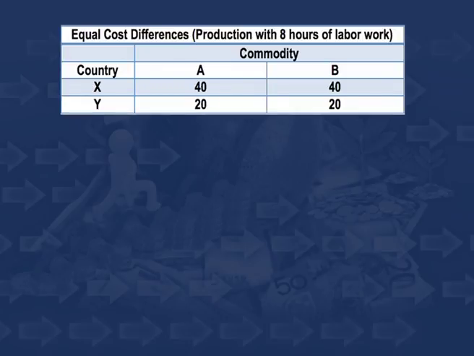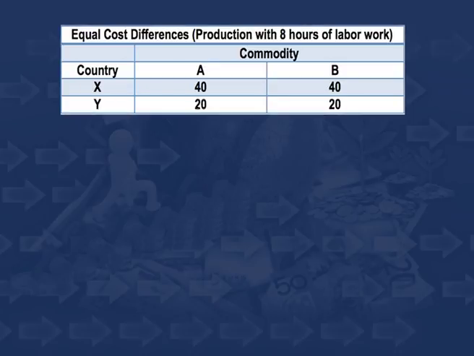We again assume that there are two countries X and Y and there are two commodities A and B. Both nations can produce both commodities. Country X can produce 40 units of product A and 40 units of product B with 8 hours of labor work.